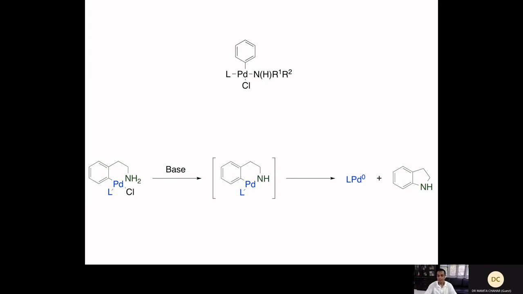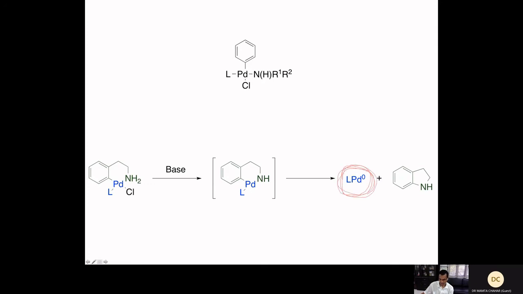Okay, now let's move on and try to see another important reaction. Before that, let me repeat one more time what we were saying, that all our intention here is to generate ligand palladium 0 species, right?